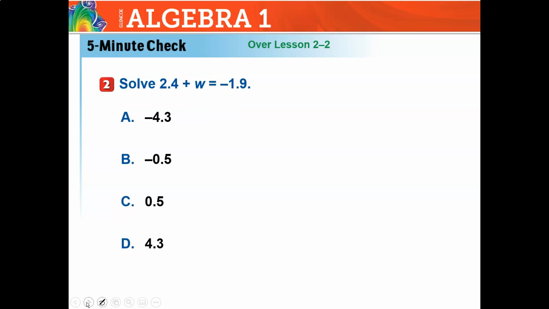Let's try this one. 2.4 plus w equals negative 1.9. What's the opposite of positive 2.4? Negative 2.4. That cancels out. I forgot to put my line down the middle. We're going to subtract 2.4.